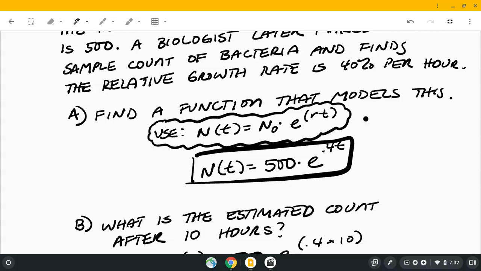It could take a long time for something to double, and you want to start making predictions right away. Then you can just collect some data, see that you started with this much and it grew by 40%, and then use that function to do your modeling.